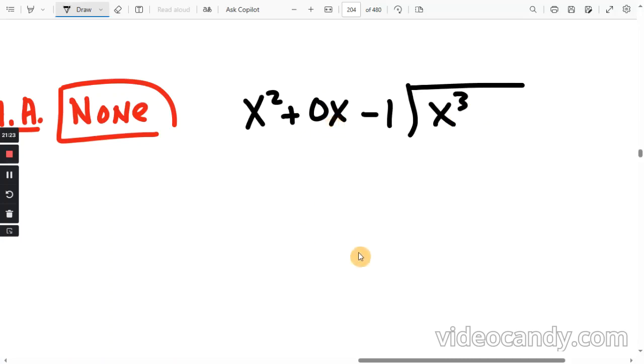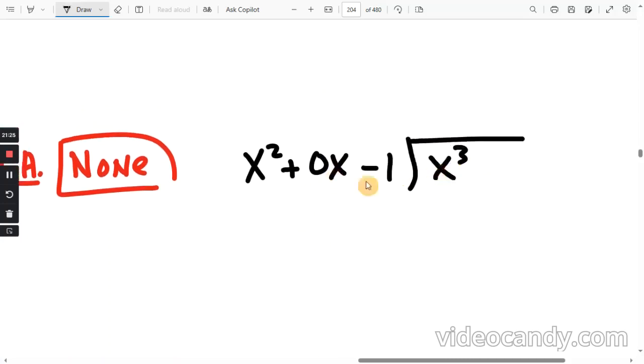I don't think it matters. X to the third divided by x squared is just x. And we don't even have to distribute. I mean, you can. X times x squared is x to the third. X times 0 is 0. X times negative 1 is negative x.